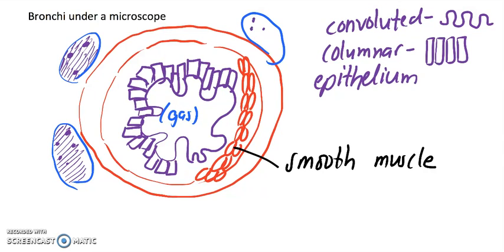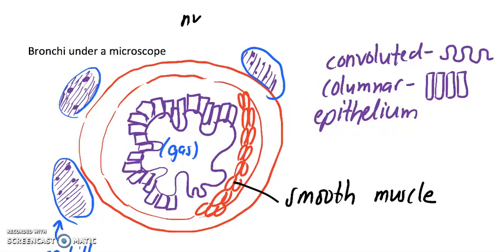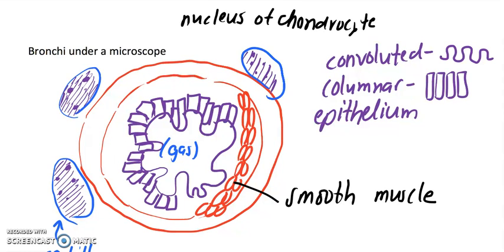We'll have the nucleus of the chondrocytes, like so. So again, this is cartilage surrounding the bronchi. And this is the nucleus of the chondrocyte. And the rest of the purple stuff is just matrix from that tissue.